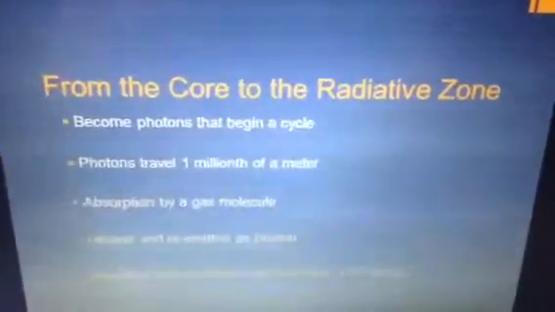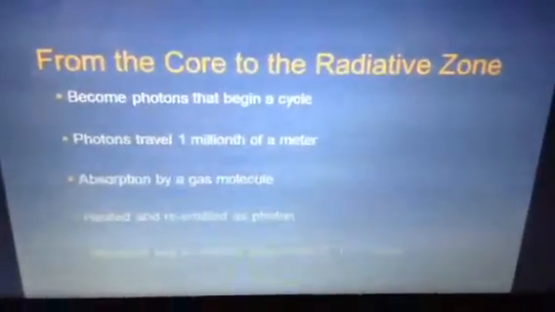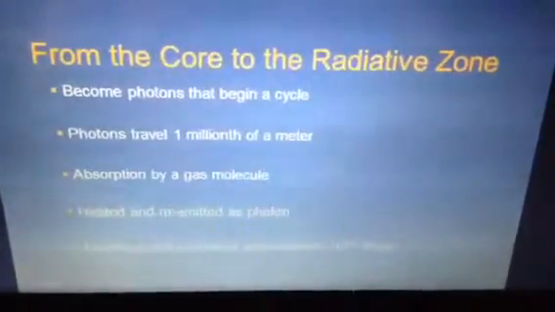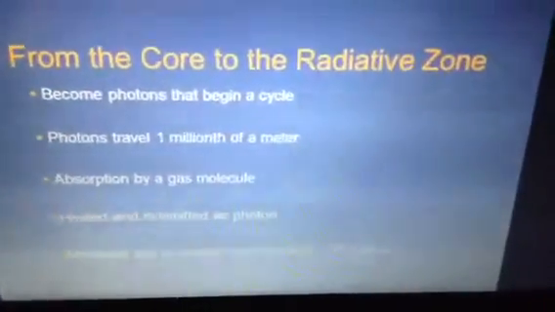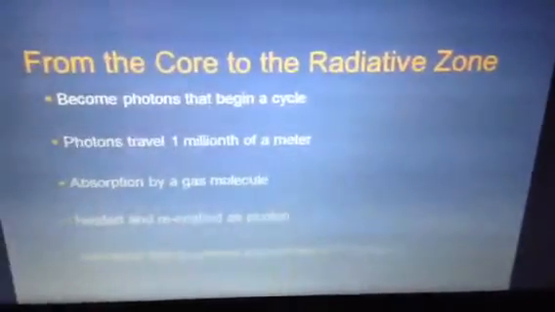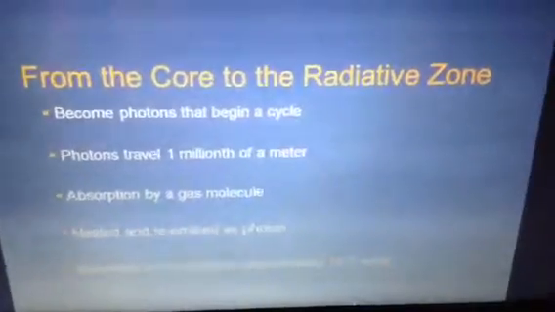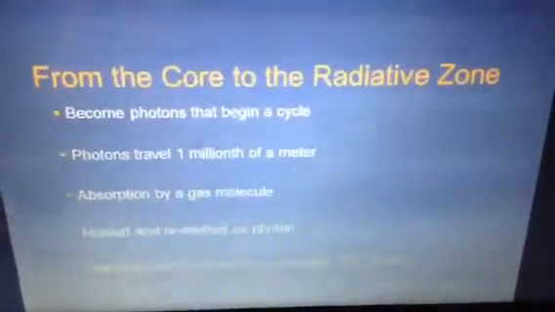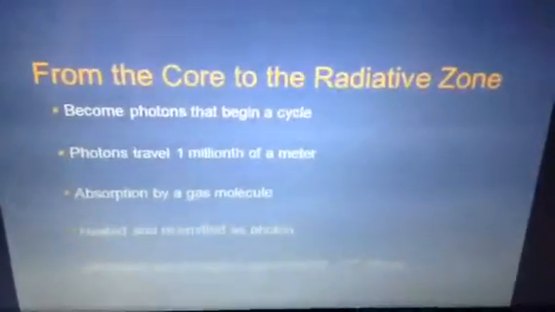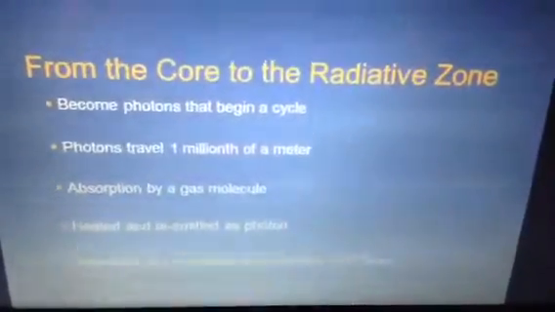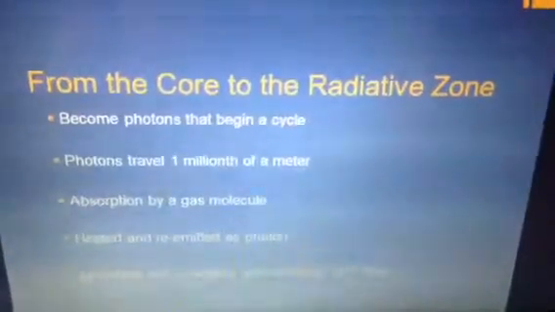So from the core to the radiative zone, we see the helium 4 become photons that begin a long repeating cycle. The photons travel 1/1,000,000th of a meter each time before being absorbed by a gas molecule. And once absorbed by that gas molecule, it is heated and re-emitted as a photon.